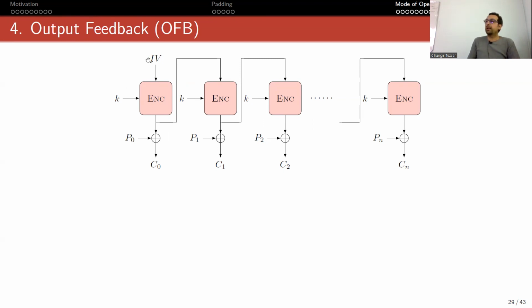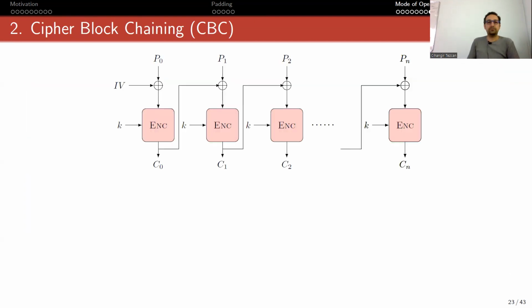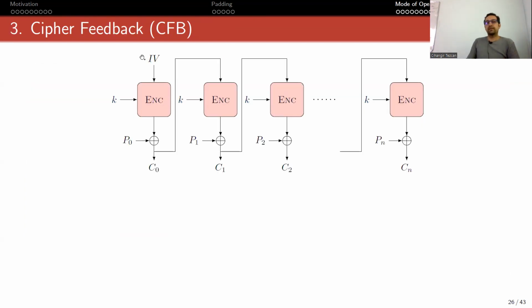So instead of IV, I prefer to use the word nonce here, because if I go back, let me go to CBC. This IV is fixed, and everybody is using that, okay? So the word IV is correct for me. But here, to avoid misunderstanding, I will use nonce instead of IV, because you shouldn't reuse the same one here.